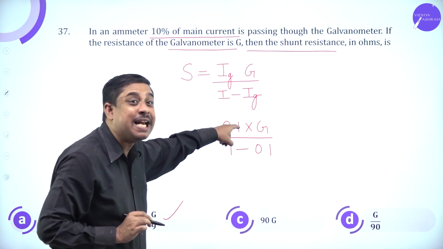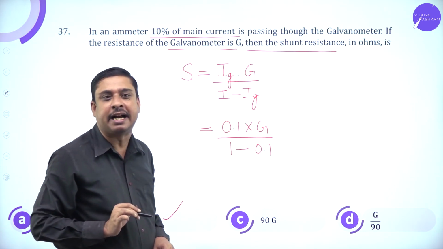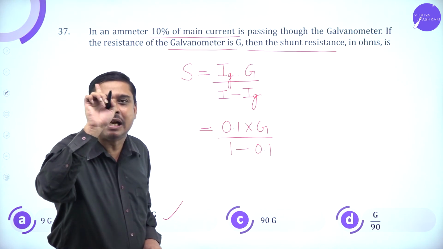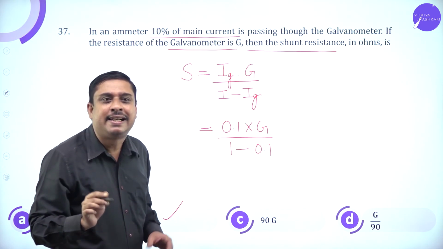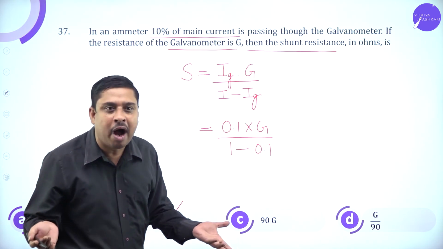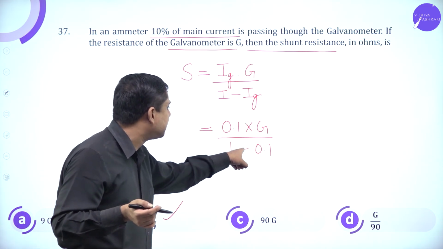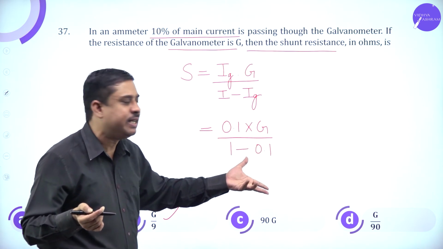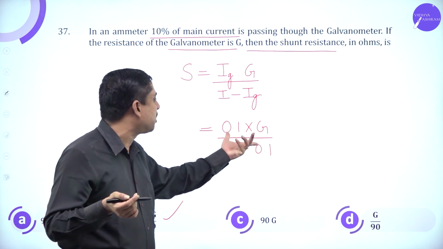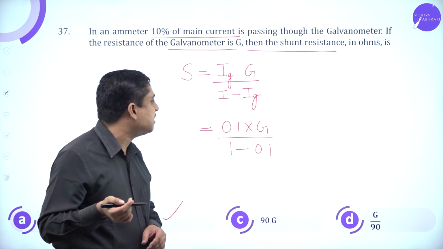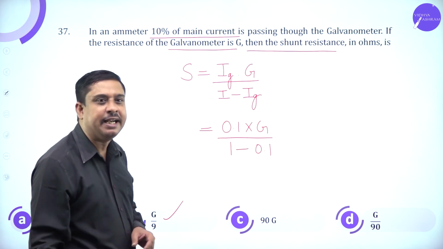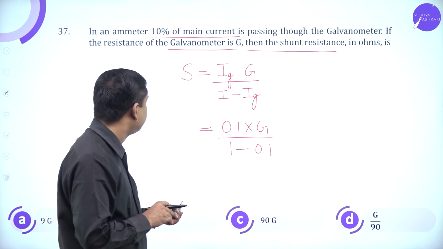Only 10% of main current. If we take the main current as 1, what is 10%? 0.1. So when you simplify, this is nearly 0.99, which we can consider as 1. So the answer will be G divided by 9.